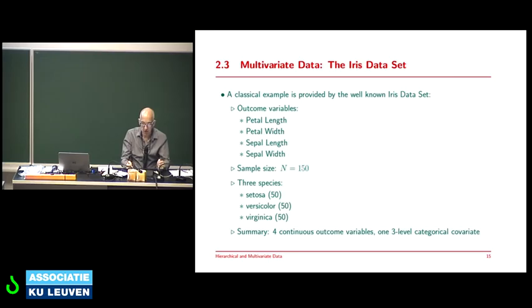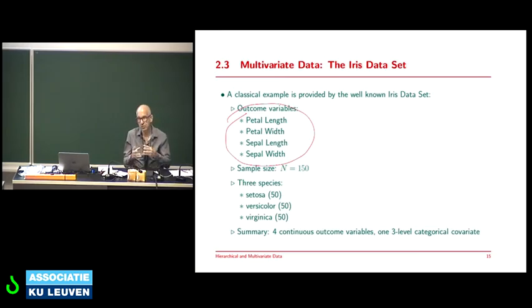So, what is it? We have iris flowers, and those iris flowers are recorded through 4 variables. The petal lengths and widths, and then the sepal lengths and widths. So there are 2 types of leaves: the leaves on the flower and the leaves on the stem of the flower.